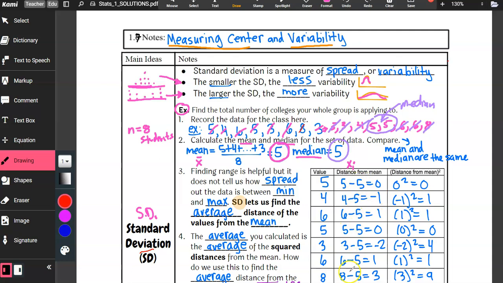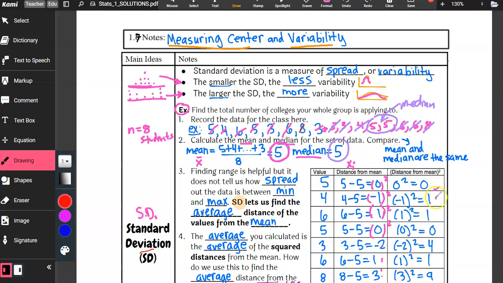So you repeat that process. You subtract each of these numbers by 5, and you get these numbers. To get the third column, you're going to take what you saw here and square everything, and so on and so on. And that's the work here.